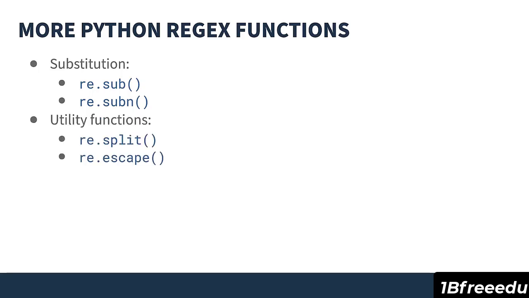Split is a more advanced version of the string split, allowing you to split based on regular expression pattern matching. Escape is useful for turning a string that you want to find literally, that possibly contains special regex characters, into a safe pattern. Running escape on the string returns an escaped string, which will safely look for a literal version of what you passed in.